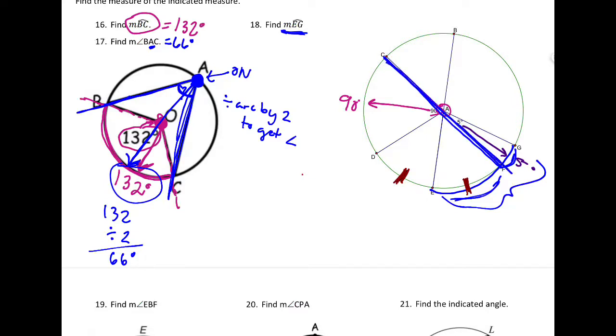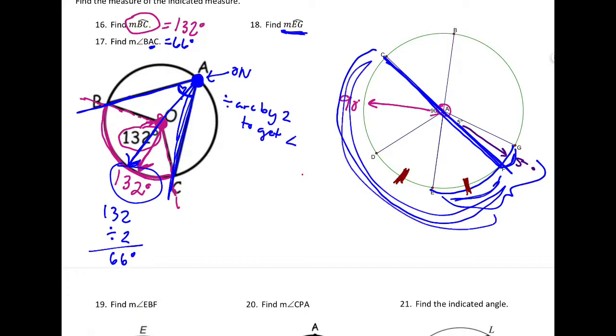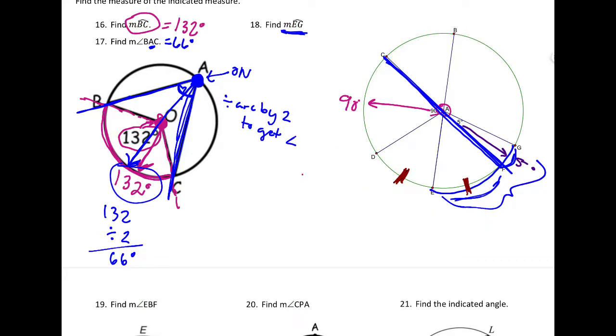I could use that because that diameter creates a semicircle, which is 180 degrees. So this is 180. Should probably use a different color for that. Let's use green. So this semicircle is 180 degrees. And we know that this part from here to here is 90.